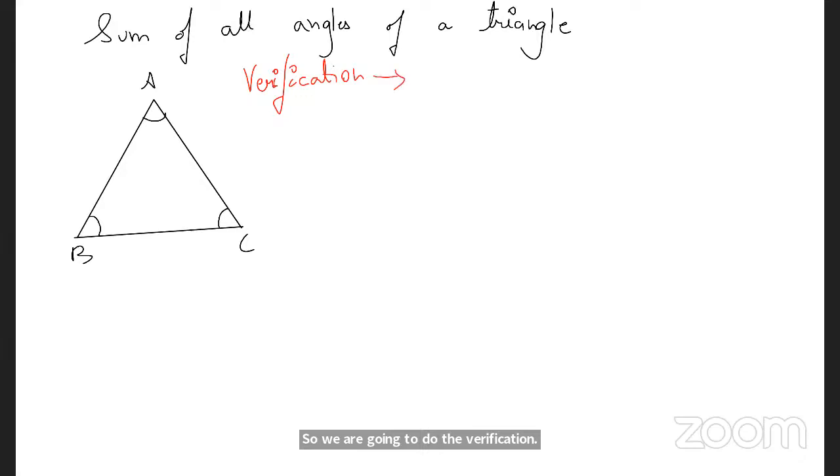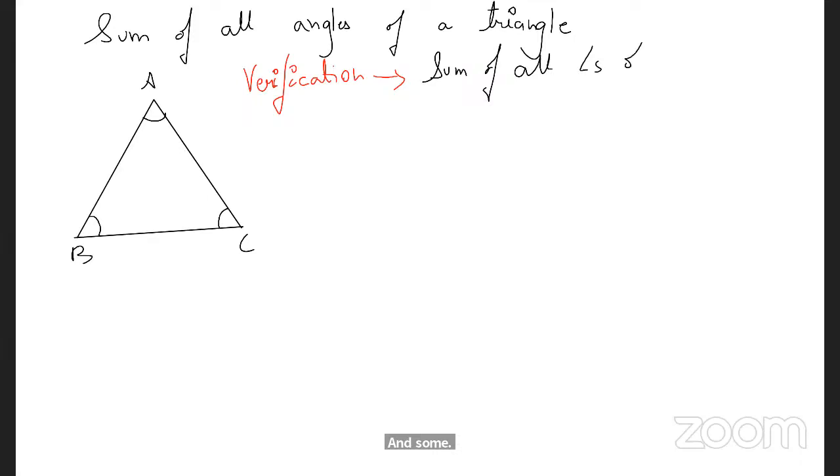What we are going to verify is that the sum of all angles of a triangle is 180. Okay, this we are going to verify. All right.